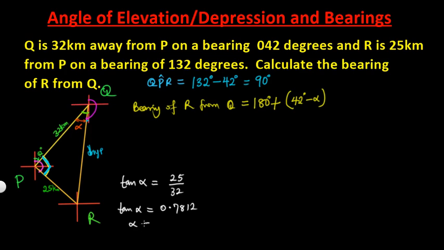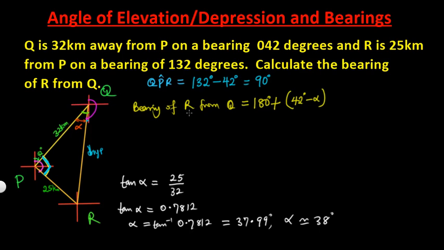Then alpha will be equal to the tan inverse of 0.7812, which will be 37.99. That means alpha can be approximated to 38 degrees. Now we know the value of alpha to be 38 degrees.